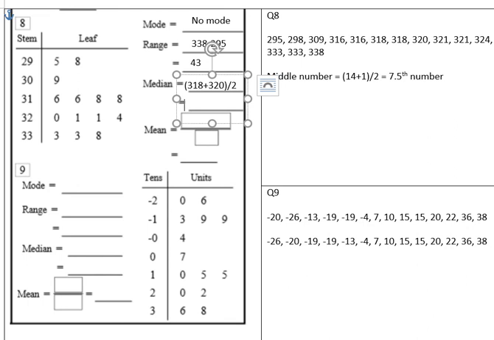So halfway between 318 and 320 is 319. So that is our median.